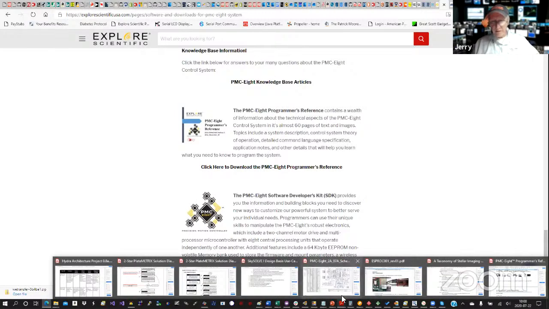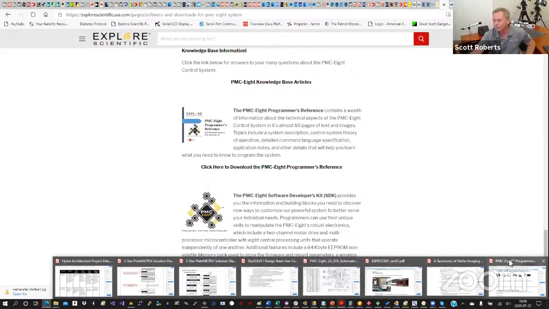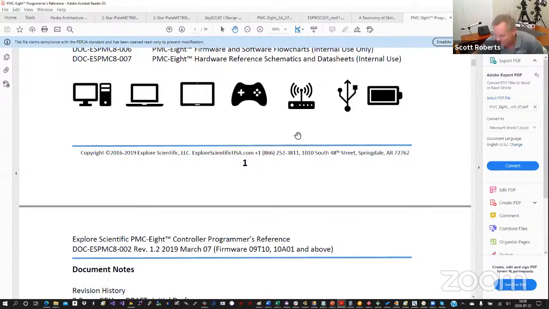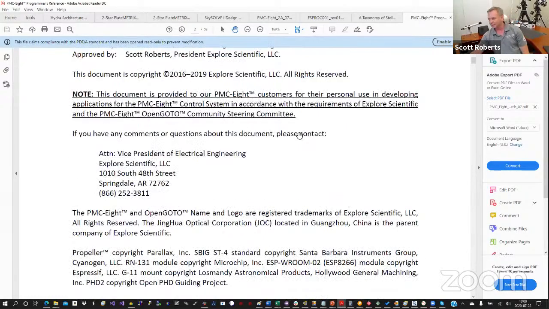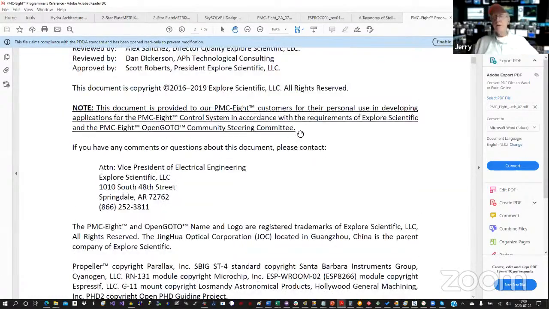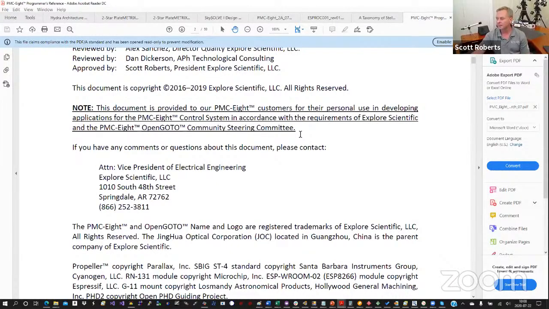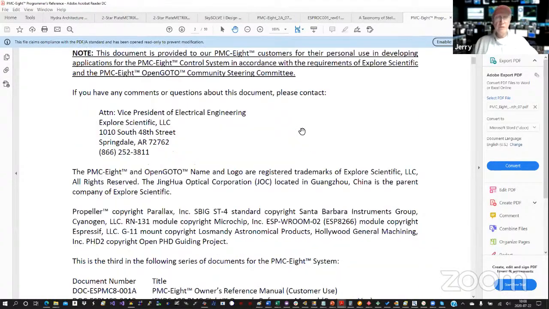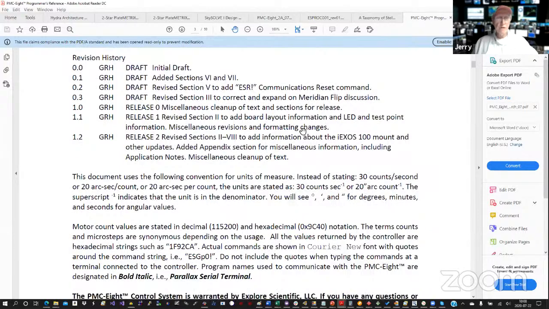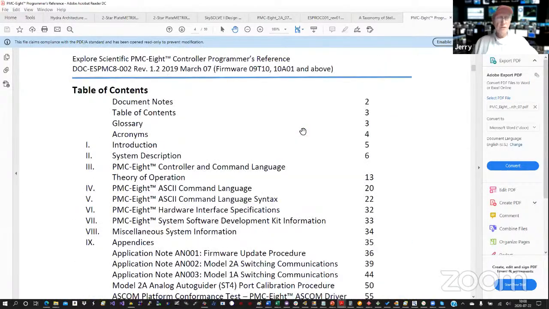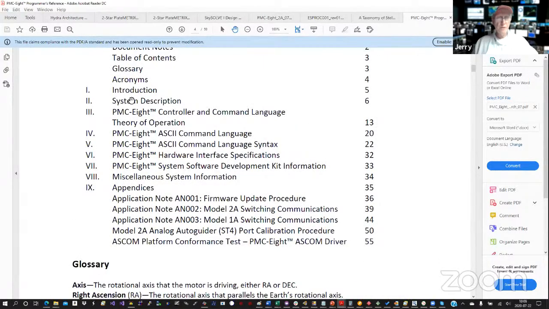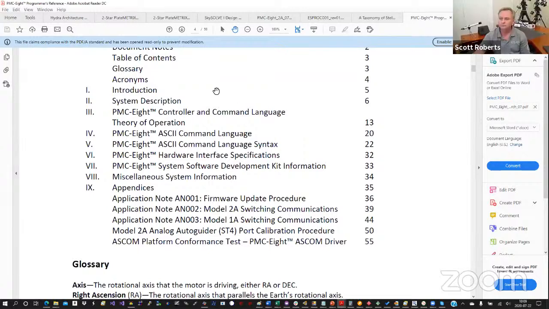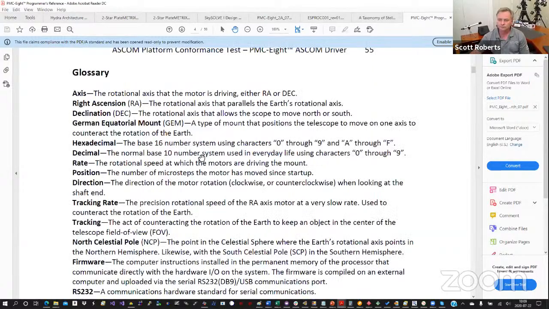So let me go back to the document. And why should people, do you think, take a peek at this? Well, in terms of what we've been talking about the past couple of days, in terms of troubleshooting issues, it helps you to really get a better feel. The sections I'm going to point out are at the front of the document, the introduction to the system and the system description, and it's only 2-3 pages.